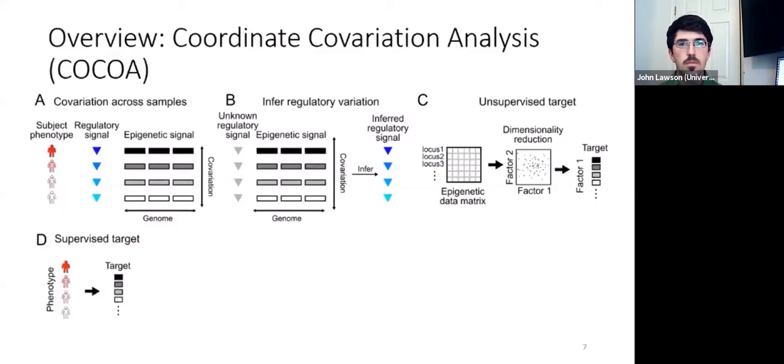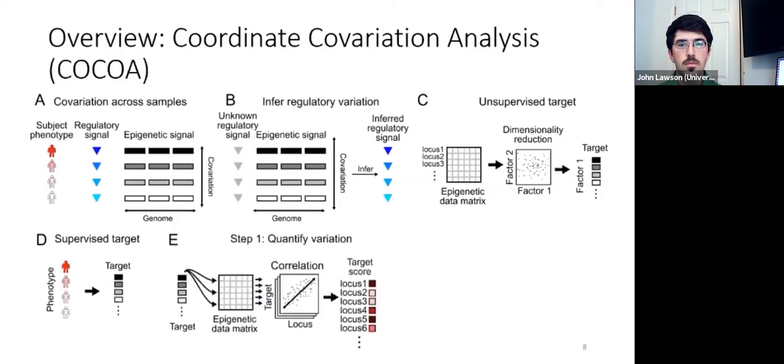In a supervised analysis, we have some kind of phenotype that's known, and we're going to use that as our target variable to see what the epigenetic variation is related to that phenotype and what the biological meaning of that could be. Our next step is to quantify the variation.